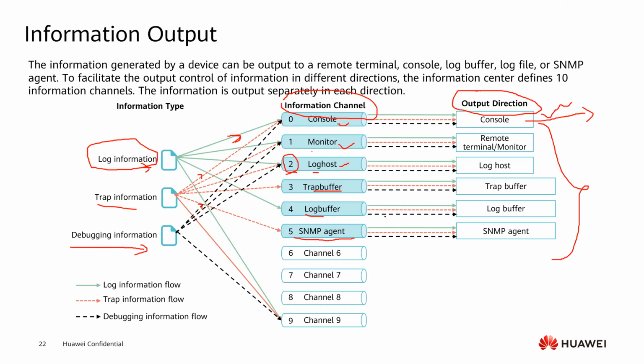For trap information, usually the device runs the SNMP agent and this is the NMS server. We can use the NMS to output the trap information to see some warnings. For debugging information, we must run a special command.